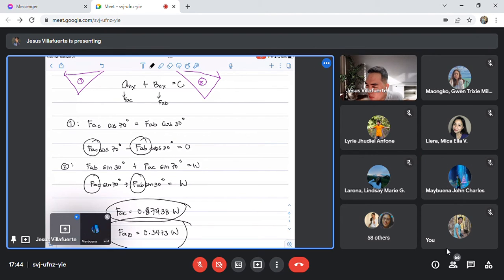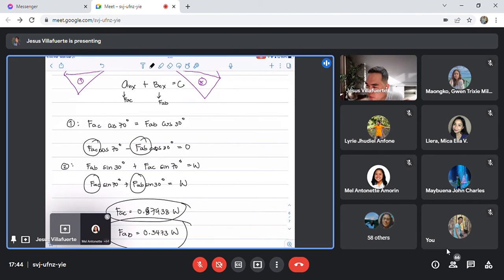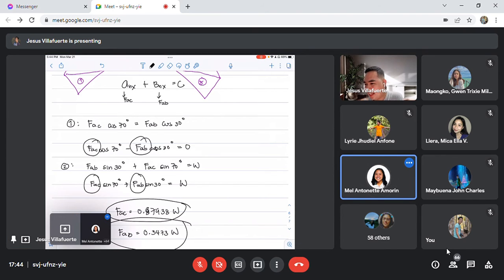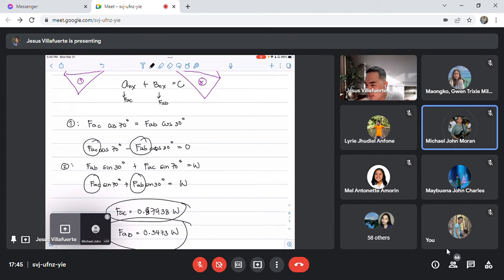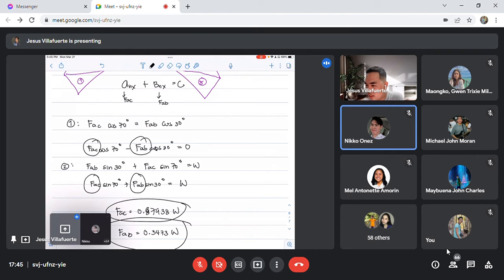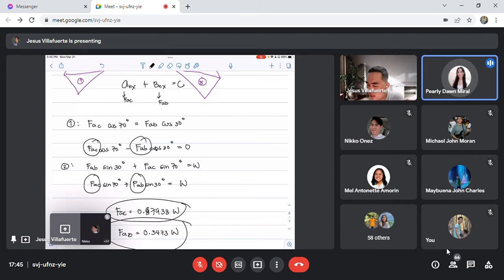Mel Antoinette Amorin, present, sir. How are you related to Sarah Amorin? She's my cousin, sir. Okay. Michael John Moran, present, sir. Nico Onez, present, sir. Freely Don Miral, present, sir.